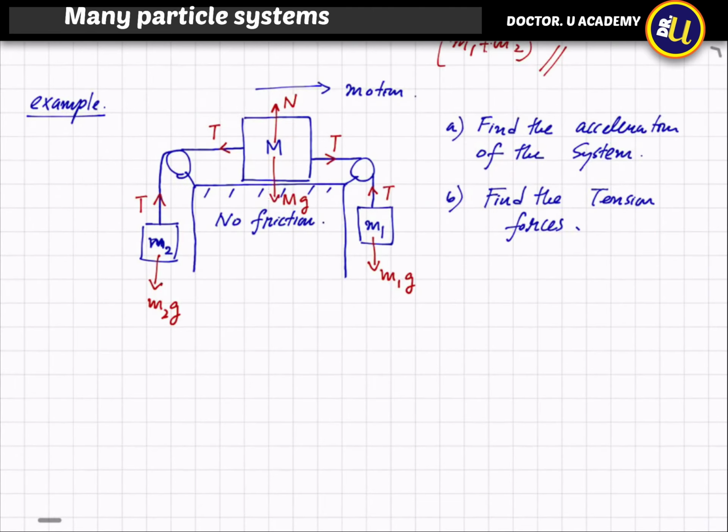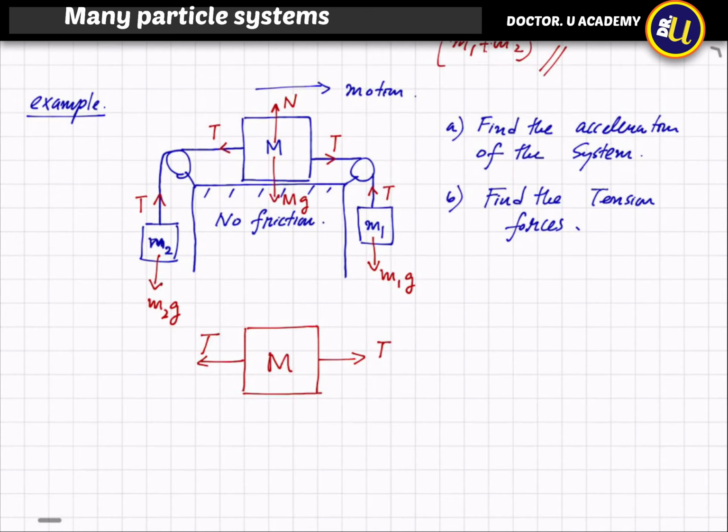Okay, so in this question, all the forces are marked, but there is a problem here. The problem here is, if you check the capital M mass, I'm showing you T force and T force here. Is there any external force acting on this mass?